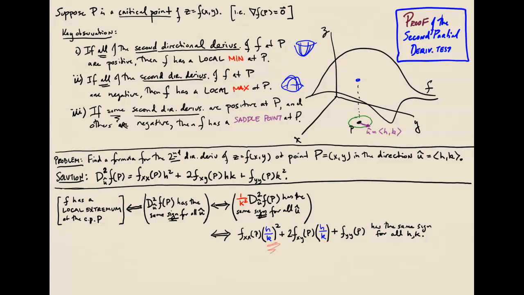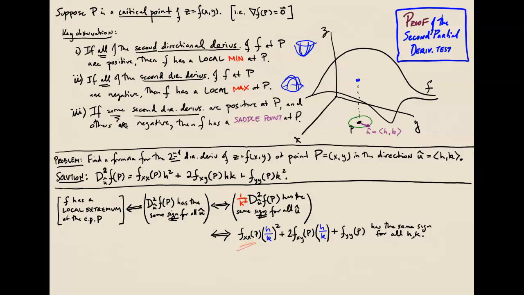Was this just to get a little more color in the bottom half of the screen? No, this was not done for aesthetic purposes. This was done to be suggestive. This shows that the expression I have right here can be thought of as a quadratic polynomial where the variable is h over k. I've got a squared term and a linear term and a constant term.